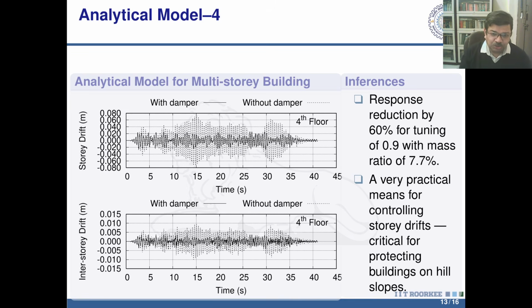And when you have this monolithic roof slab or floor cast with columns tied together, in case of drift during an earthquake, the short column attracts huge shear force, and that is the primary cause of damage to buildings on hill slopes. So if we can arrest the drift by using this kind of mechanism, that protects the short column, and they can be designed much more conveniently and much more efficiently.